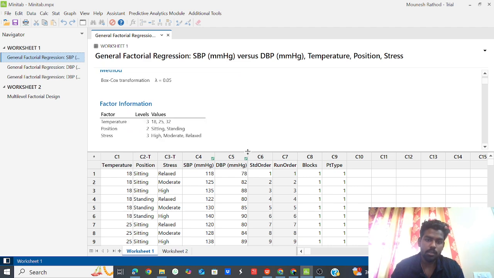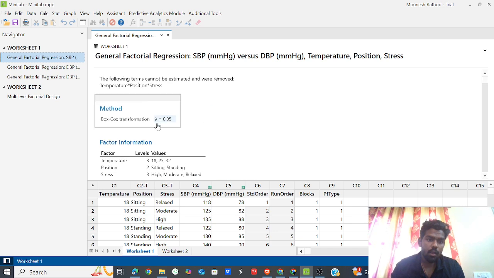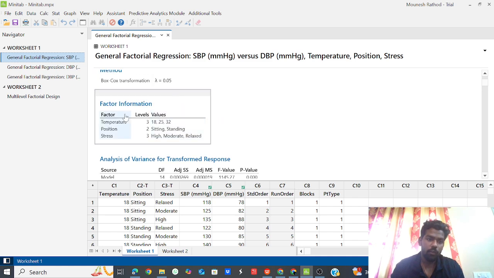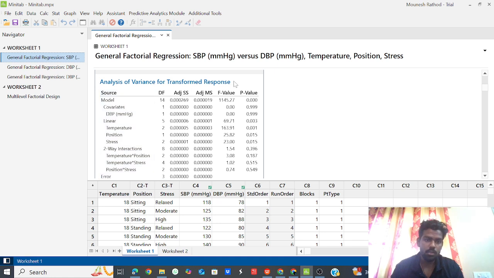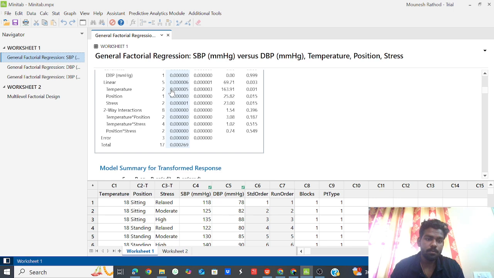As you can see, the method where we kept the lambda as 0.05, then the factor information: temperature at 3 levels, position at 2 levels, stress at 3 levels, and the corresponding values. Then the analysis of variance of the transformed response has been calculated, with the F value, P value, sum of squares, mean square, and degrees of freedom.